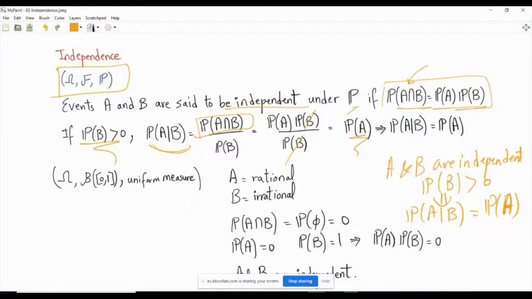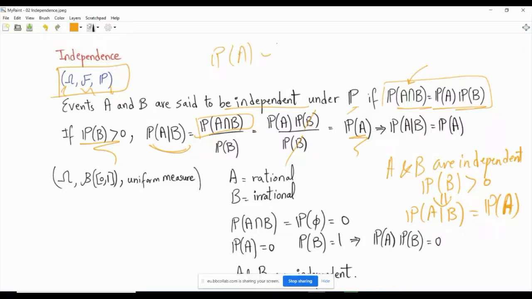Okay, so here's the intuitive understanding of what it means. You condition on B, you compute the conditional probability of A given B, and you get the probability of A. So you get the original probability of A. Conditioning on B does not change the probability assigned to A. Again, you start with a triple, the sample space, the sigma algebra, and the probability measure.